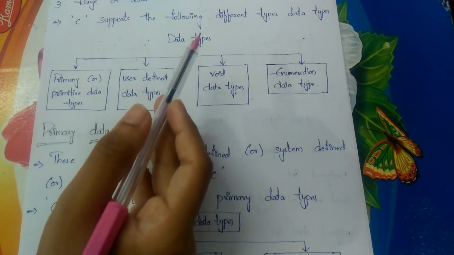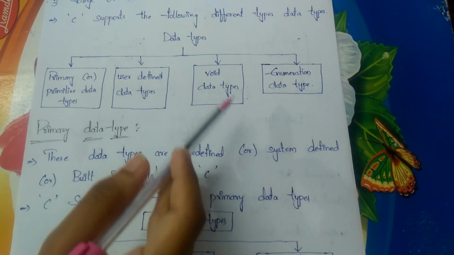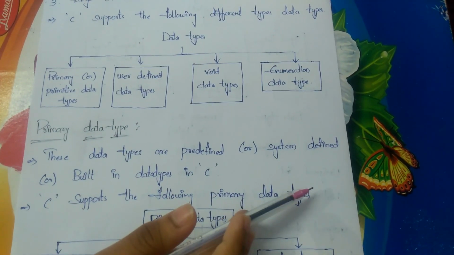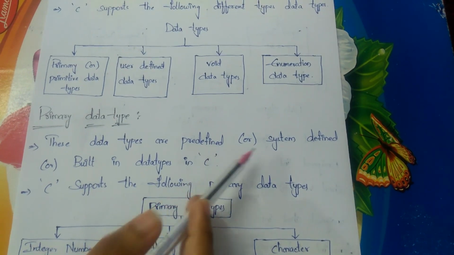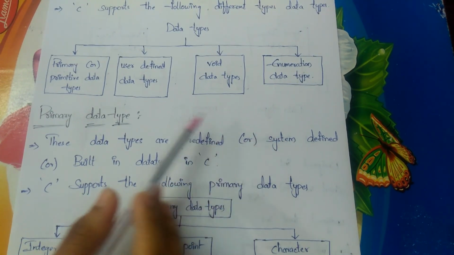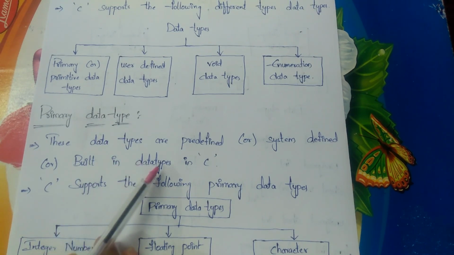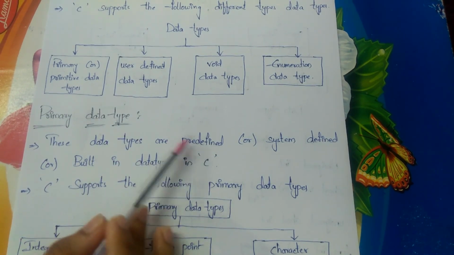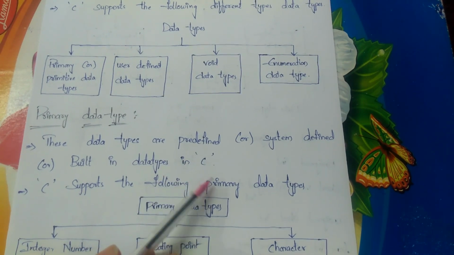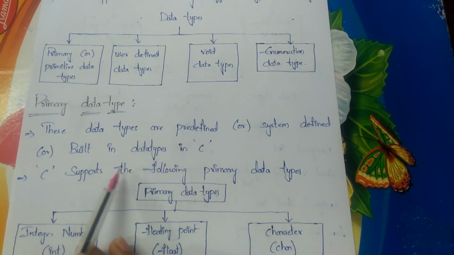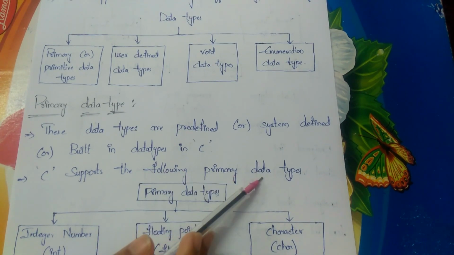First let us discuss the primary data types. In primary data types, these data types are predefined. They are already defined, system defined or built-in data types in C. Now C supports the following primary data types.